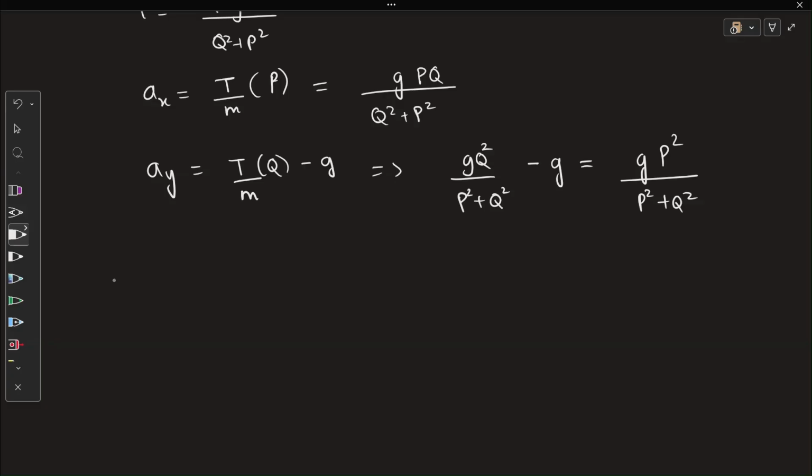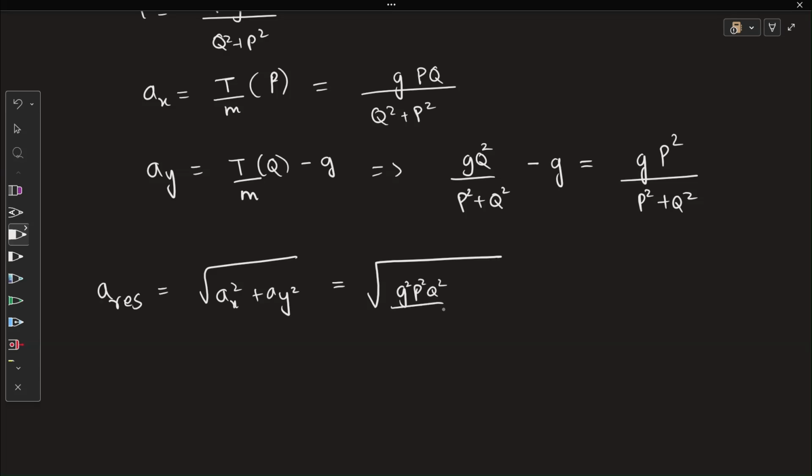Now, a resultant is nothing but root over ax square plus ay square, which is nothing but under root, g square p square q square by (q square plus p square) whole square plus g square p power 4 by (p square plus q square) whole square.